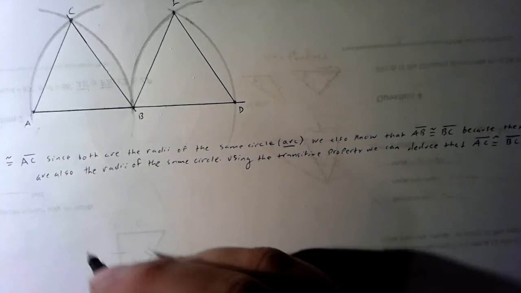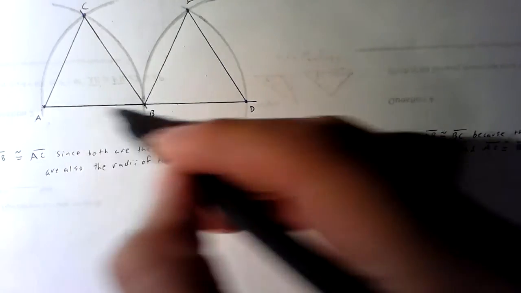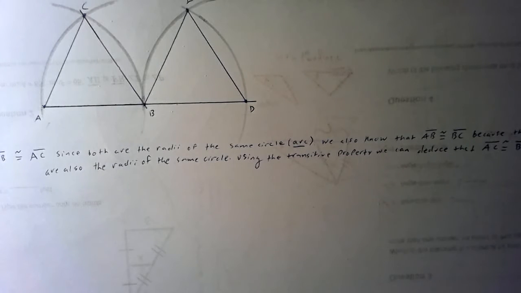Okay. And that's using the transitive property. Because we said that this is congruent to this, and this is congruent to this, therefore this is congruent to this. Alright?